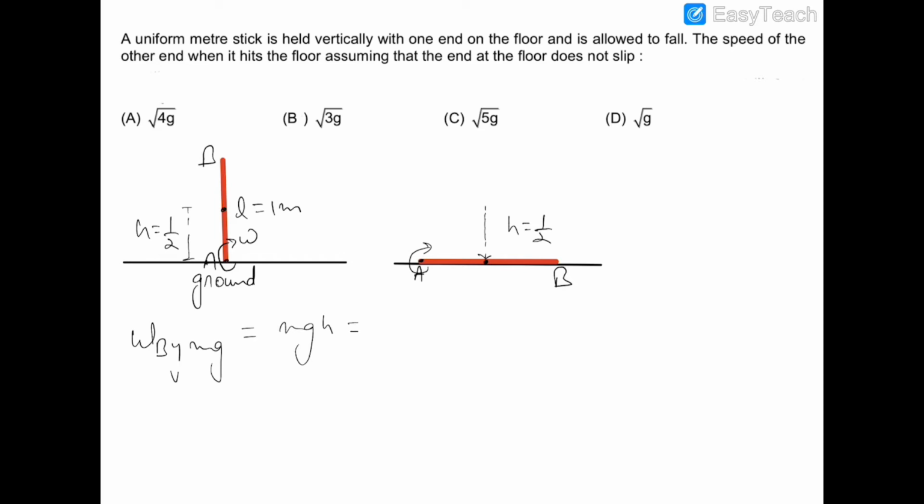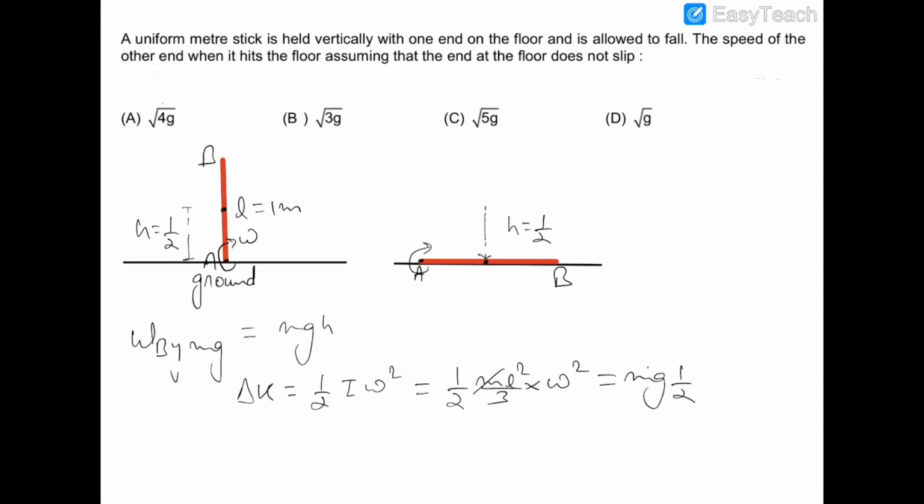So this work done mgh will be equal to the change in kinetic energy, delta K, and that will be half I omega square. Now we know that the moment of inertia of the rod about its one end is equal to mL square by 3, and this is omega square, and this is equal to mgh, where h is 1 by 2.